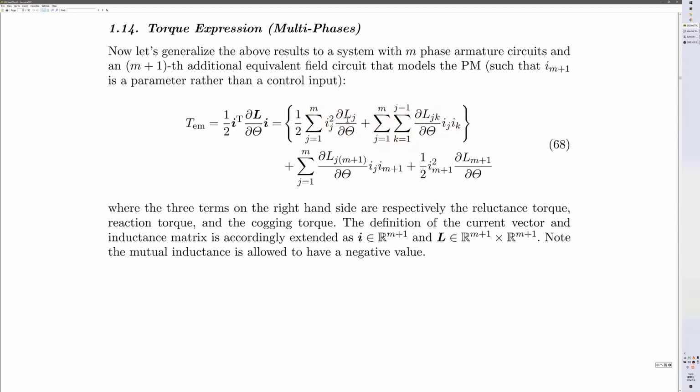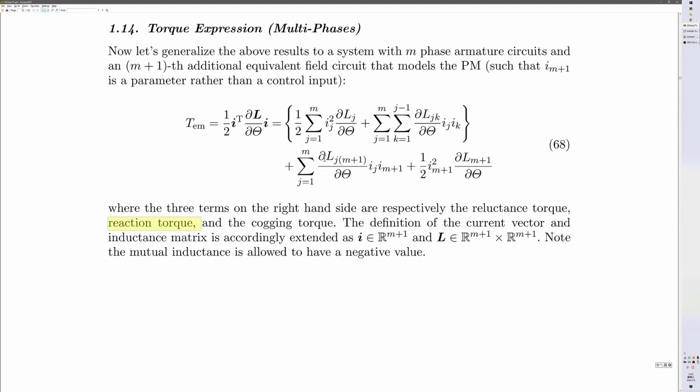Reluctance means that somehow the magnetic circuit conductivity or remanence is changing when theta changes. The second term here is our main actor. It is known as the reaction torque.